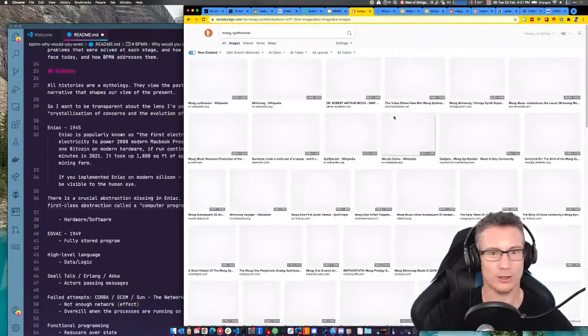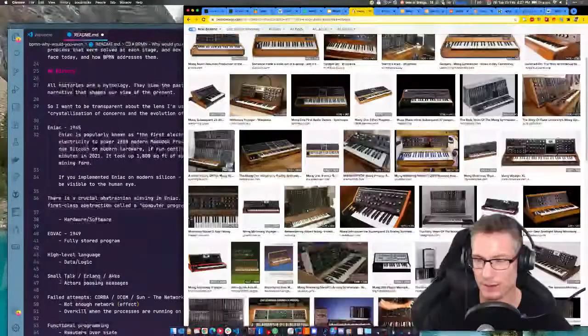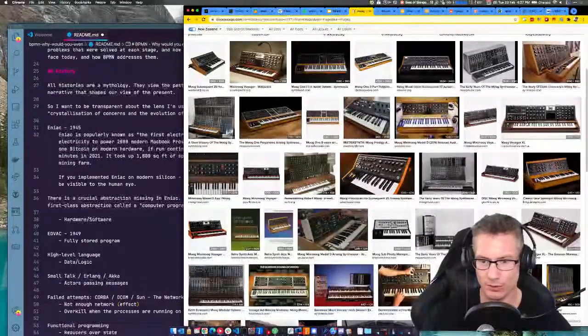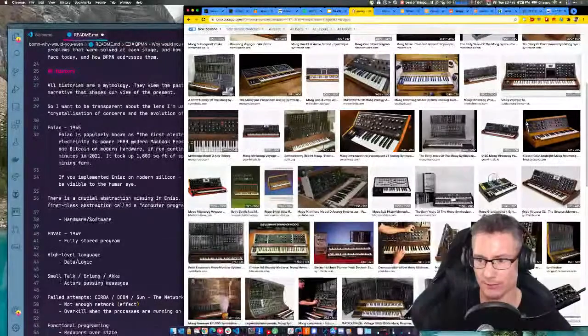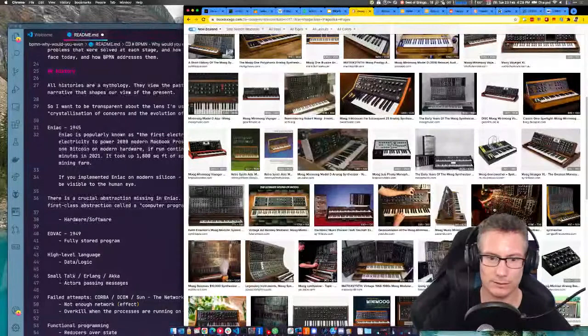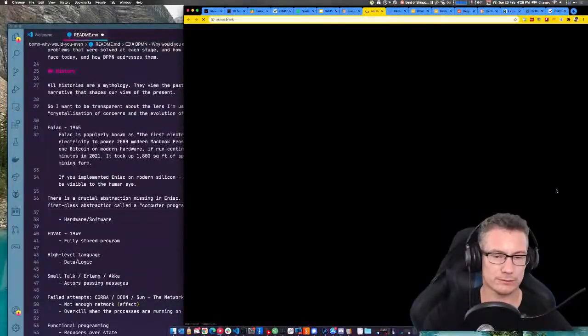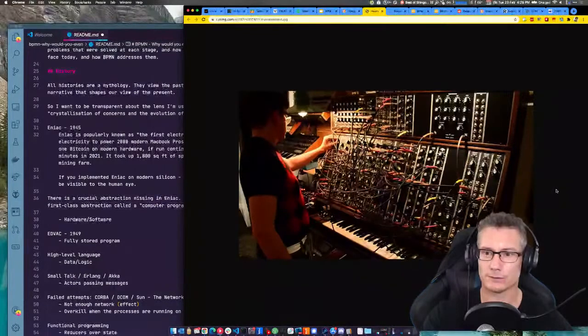Good luck downloading that from the internet. Let's have a look. Was it the Moog? Yeah, it was the Moog. Pretty sure. Yeah. Nice. Good luck downloading that instrument patch.